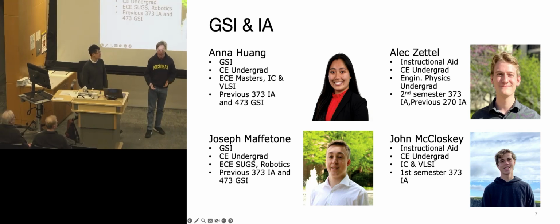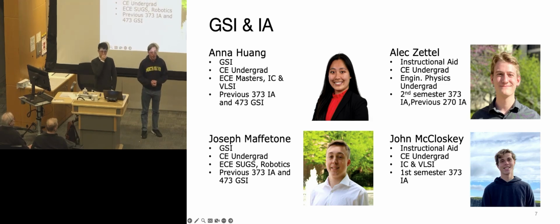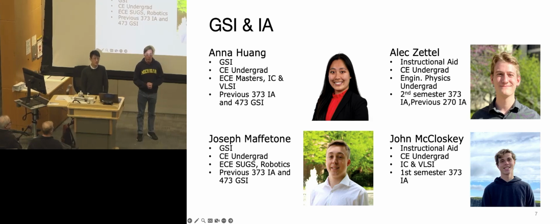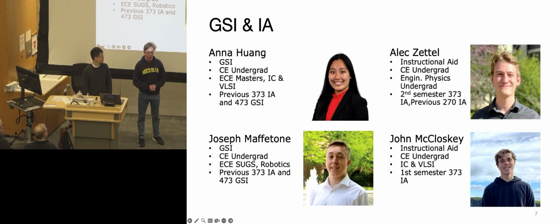I'm an EECS student here on the robotics track. So I've been a 373 IA before, as well as a 473 GSI last semester. And yeah, my background is pretty much in software. I of course took 373 and 473 in the past. And yeah, look forward to seeing you all in lab and for a great semester.